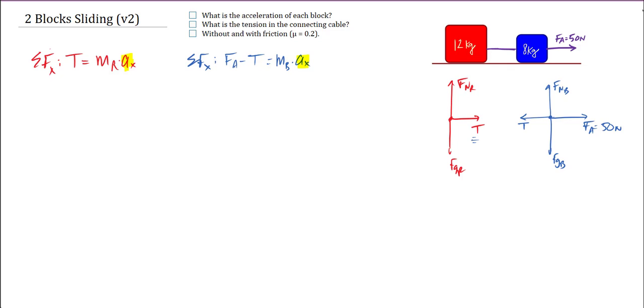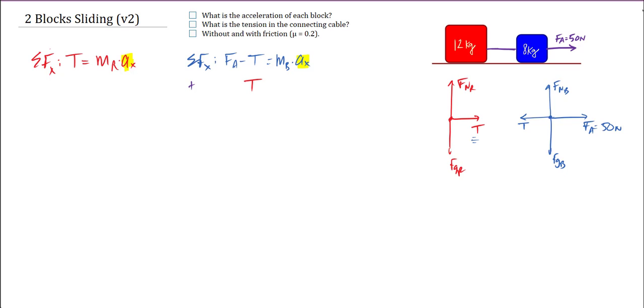Now what I'm going to do is add the two equations to each other. So I'm going to add the red equation to the blue equation. I'm going to add tension equals mass of the red times the acceleration. Actually, let's write it in red so we remember where it's come from.